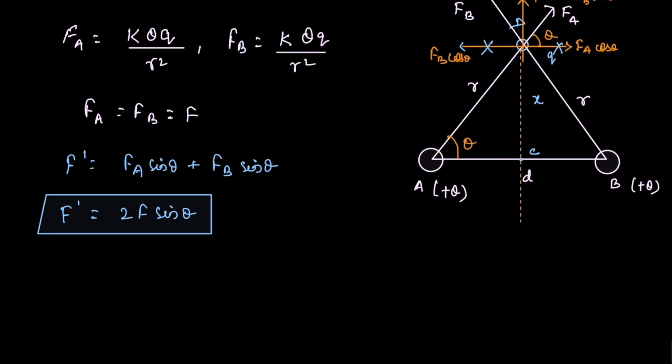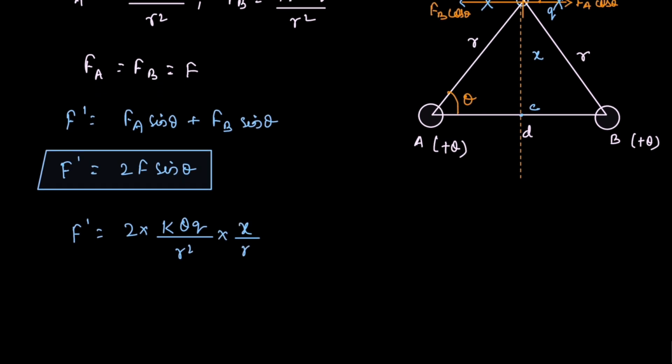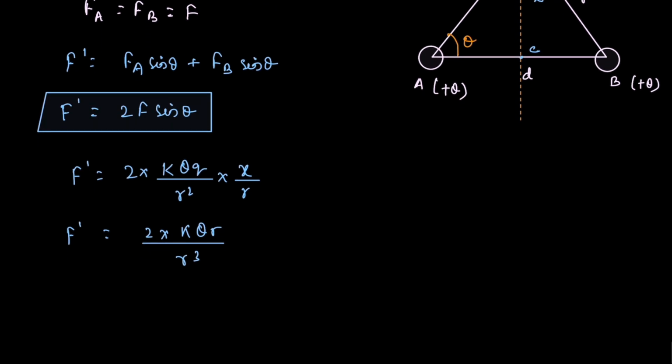Now we substitute the value. F dash is equal to 2 into K capital Q small q by R square. Sin theta is x by R. So it is equal to 2 into K capital Q small q by R cube. We can write it as 2 into 1 by 4 pi epsilon naught capital Q small q.